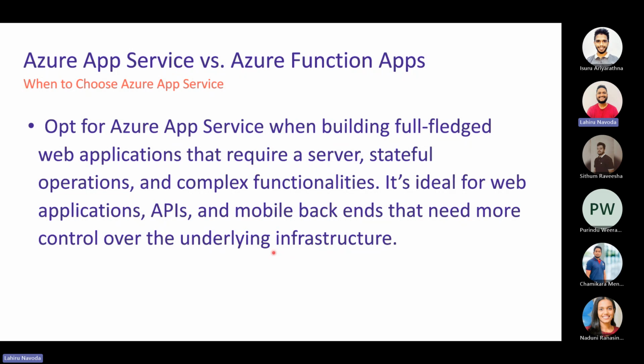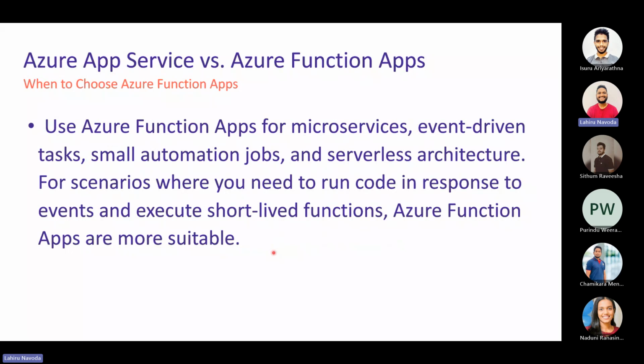When it comes to Azure Function Apps, use them for microservices, event-driven tasks, small automation jobs, and serverless computing models. For scenarios where you need to run code in response to an event and execute a short-lived function, Azure Function Apps are more suitable.